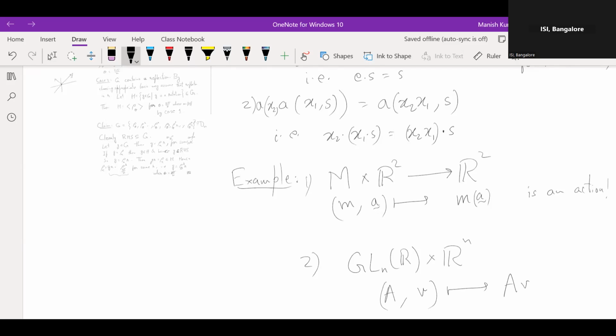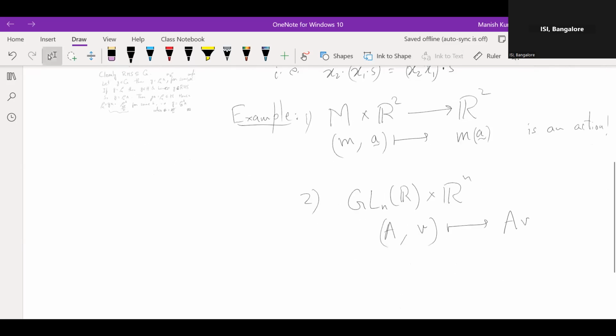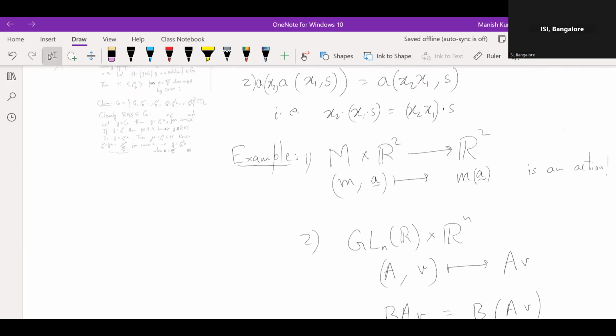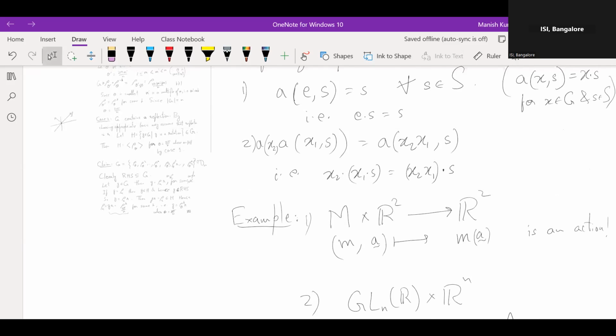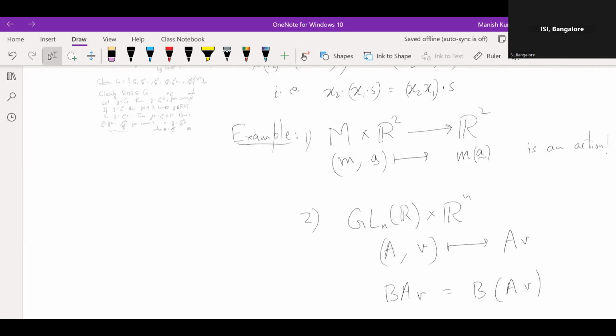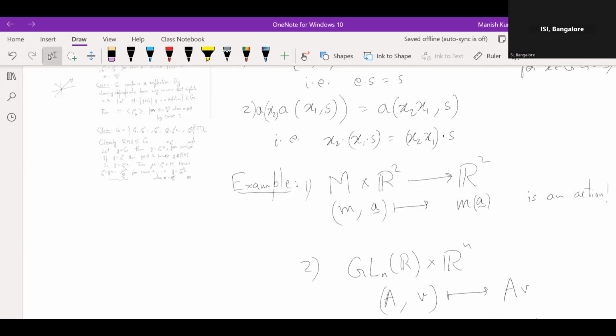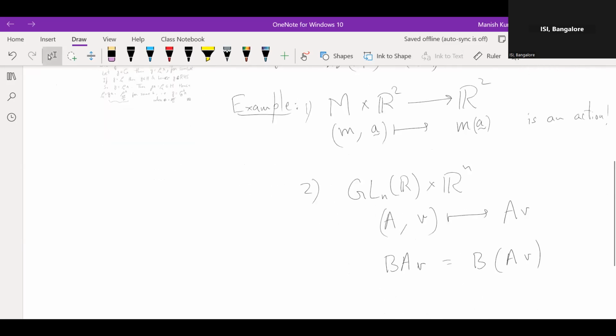This is again an action because B(AV) is the same as (BA)V. The second axiom is true by this identity because matrix multiplication is associative. And the first axiom is also true because the identity doesn't change anything. Here also, if you take the identity element of M, then it preserves A. So these are some examples of group action.